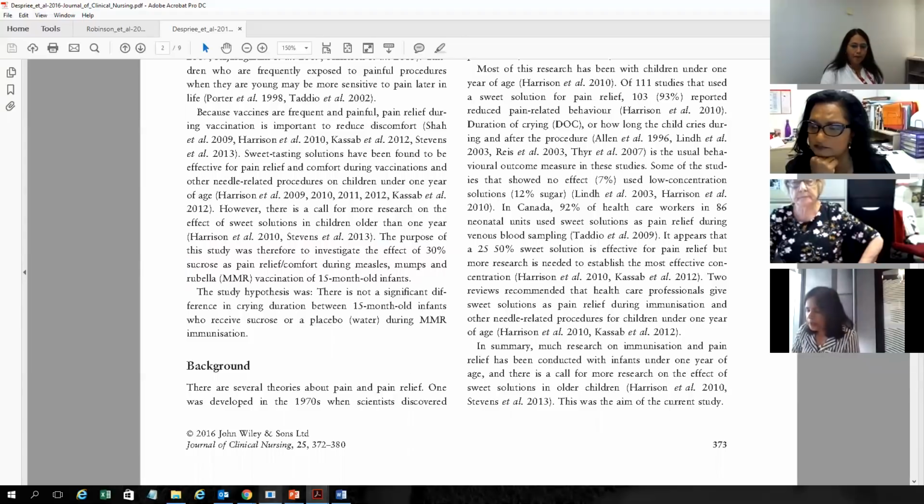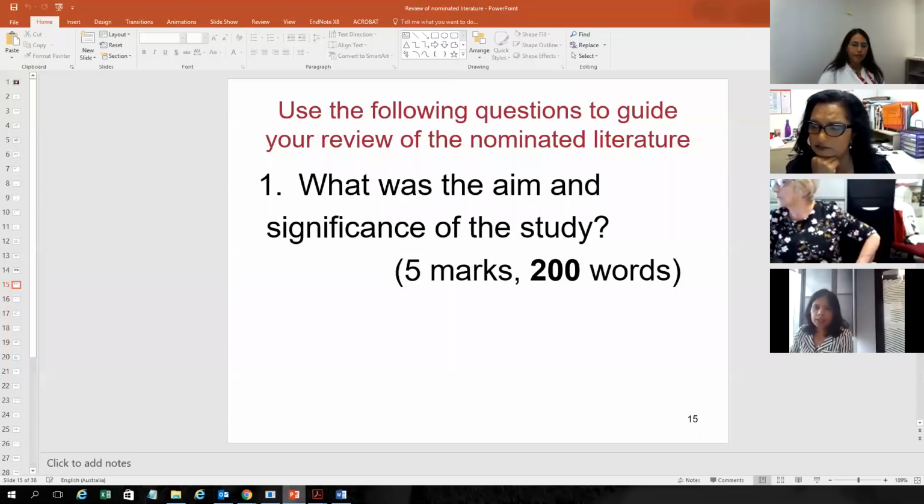Regarding the aim of the study, what we expect is that you identify the aim from the study. That's the main point. Because if you try to paraphrase it, the meaning of the aim may change. What the author is actually intending to do may change.